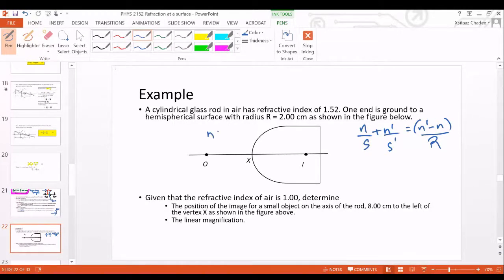From here we have n is equal to the refractive index of air, which is 1.00, n prime, which is the refractive index of the glass rod, and that is 1.52. We want to determine the position of the image, so we want to determine what s prime is. This is our unknown. We are given s. S is equals to 8 centimeters.